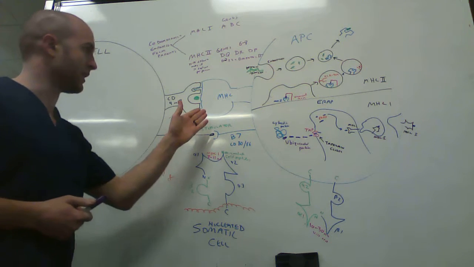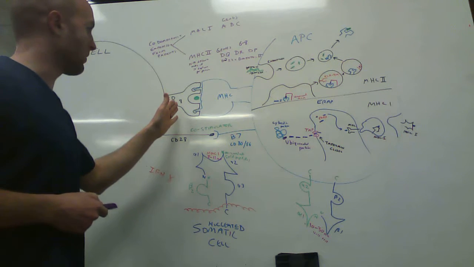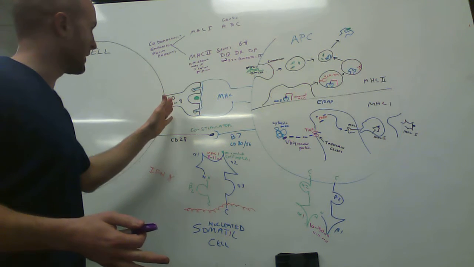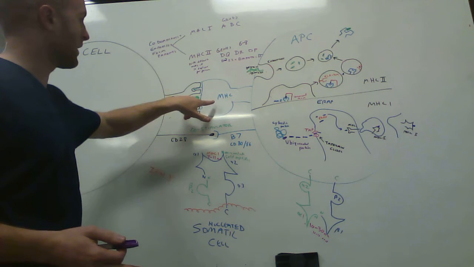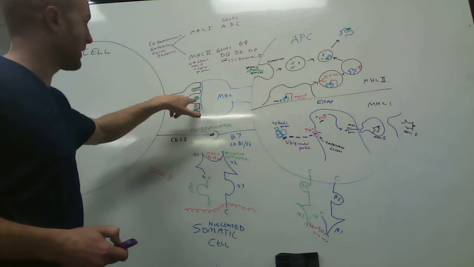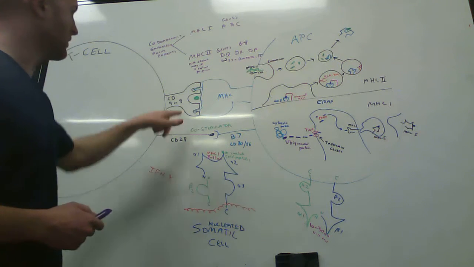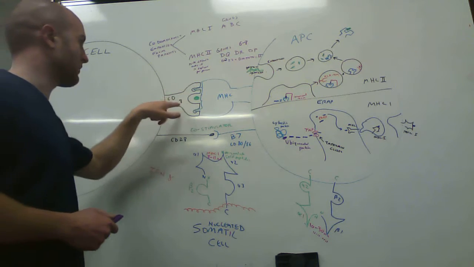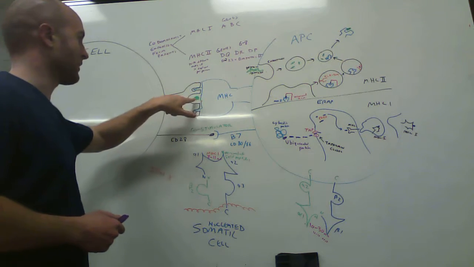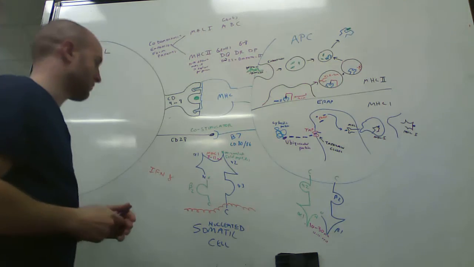Basically the only way that this MHC can present an antigen, this is MHC2 in this case, to this guy and have it receive it, is if they're bound together. If this MHC wasn't there, this would not bind right there.